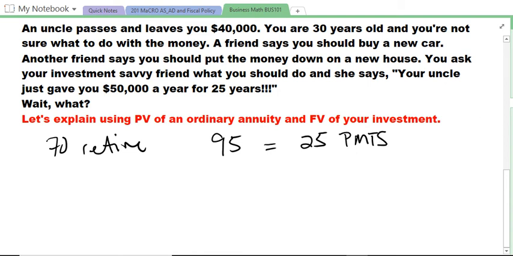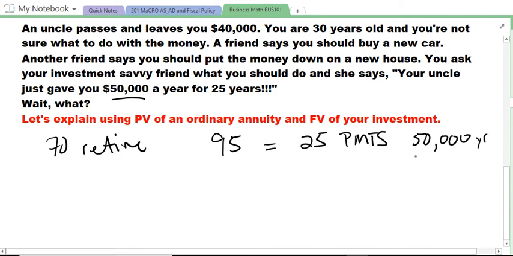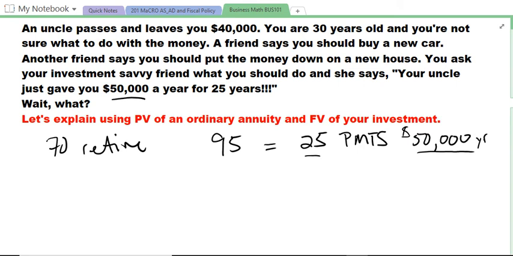all right? And your friend said $50,000 a year. So we want payments of $50,000 a year for 25 years. Okay. So we want to know what kind of money do I need to have?